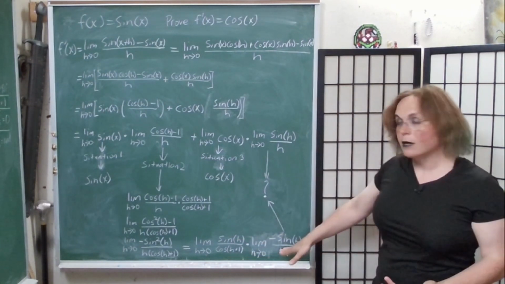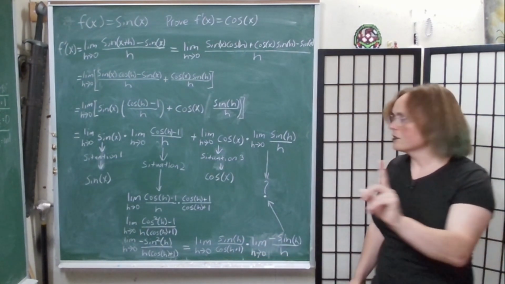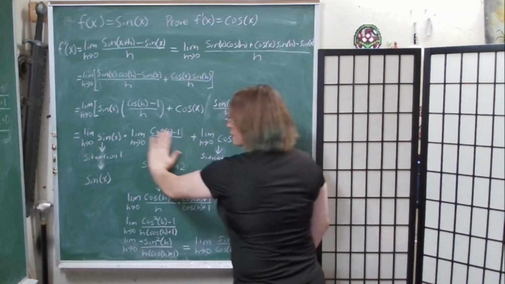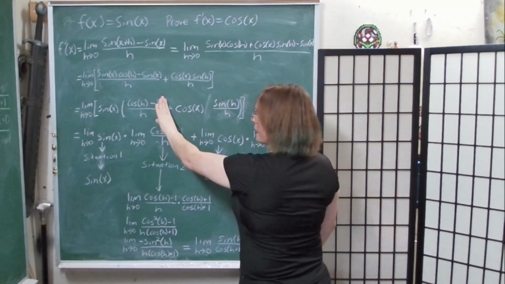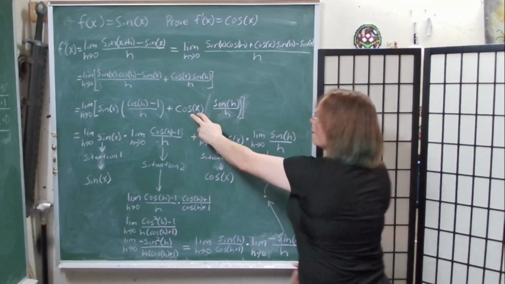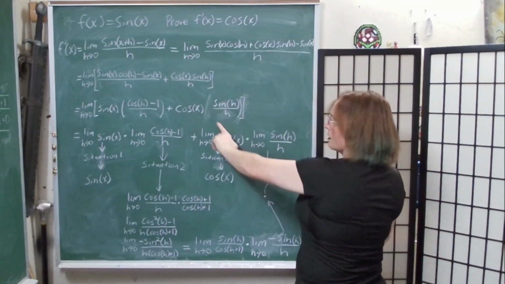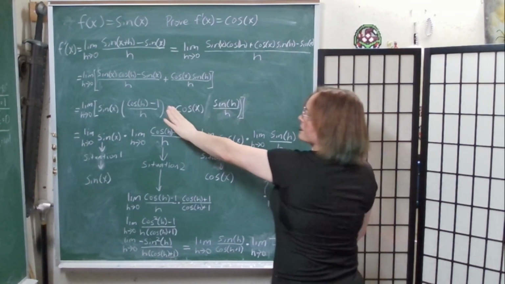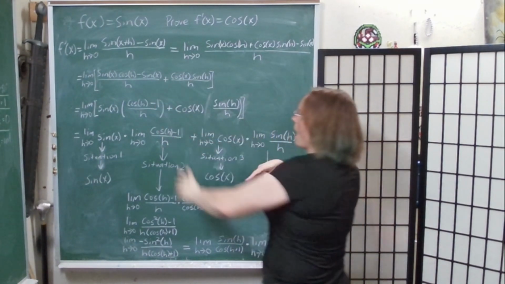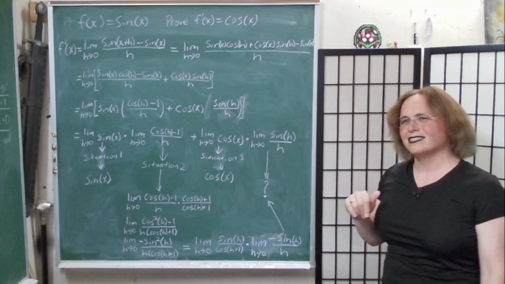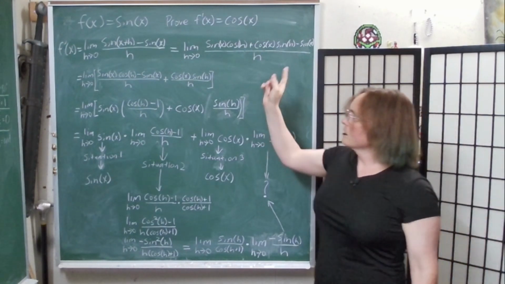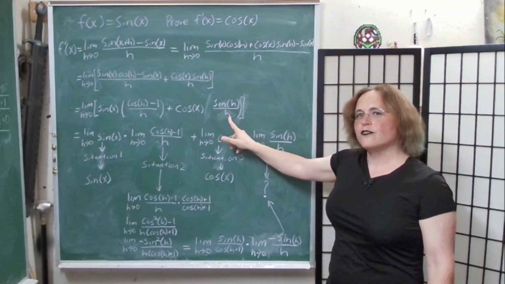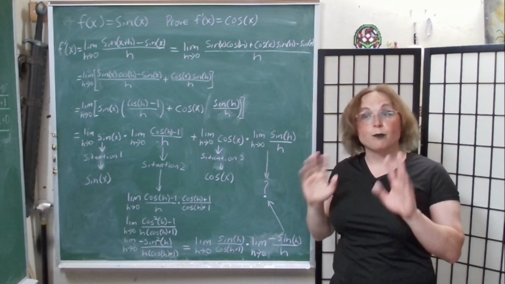So this would become 0, which means I would have sine x times 0, so 0, meaning that goes away, and then the cosine x times this, so whatever this is, that's all I care about, this term. And considering that our expectation is that the derivative of this is cosine x, we're pretty sure that's going to be 1, but we need to prove it.